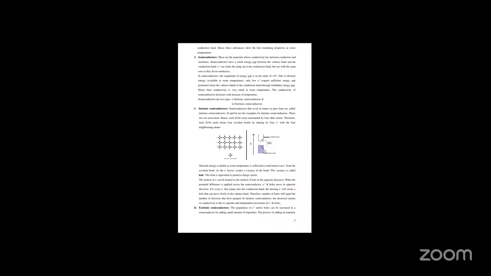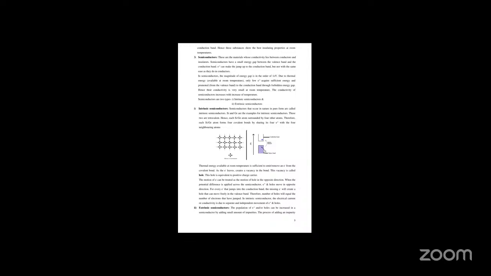Fourth group elements like silicon and germanium form semiconductors, in which each silicon atom is bonded with four other silicon atoms. Many silicon atoms joined together make a material known as an intrinsic semiconductor.